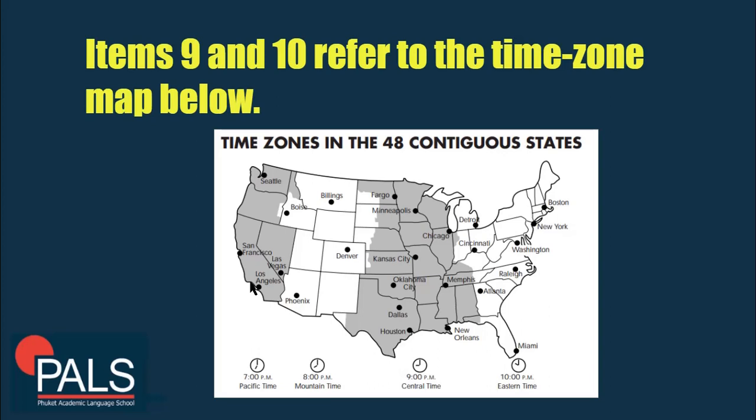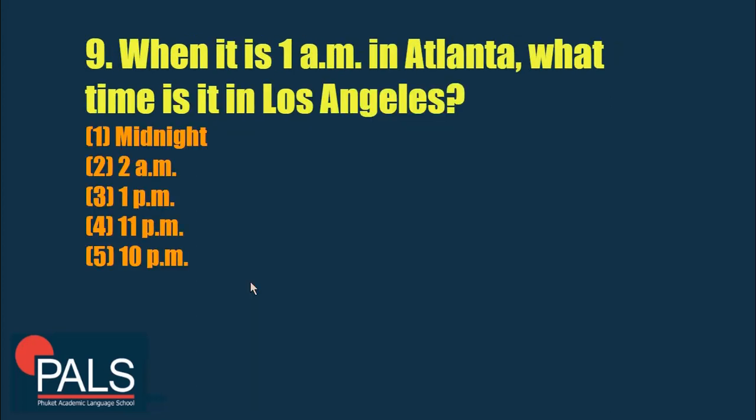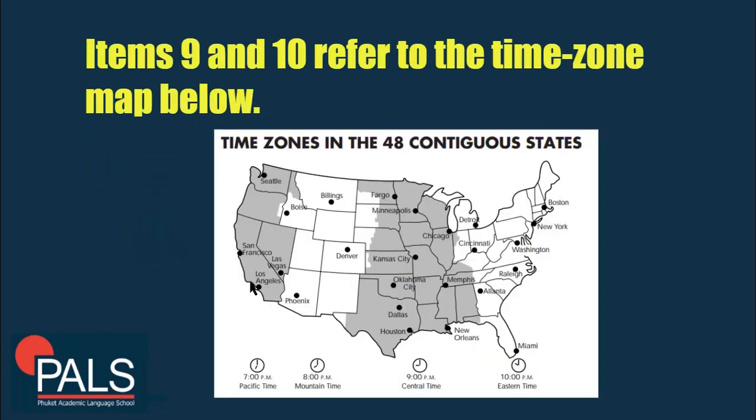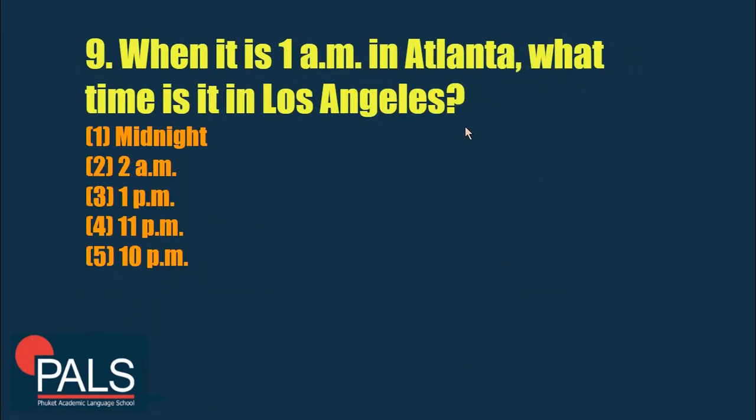So, now, what is the answer? It's actually 10 p.m. Why? As the map shows, the later times are in the east and the time difference is 3 hours, 3 hours from east to west coast. So basically, if it's 1 a.m. minus 3, it's going to be 10 p.m., right? Easy as that. Simple, right?